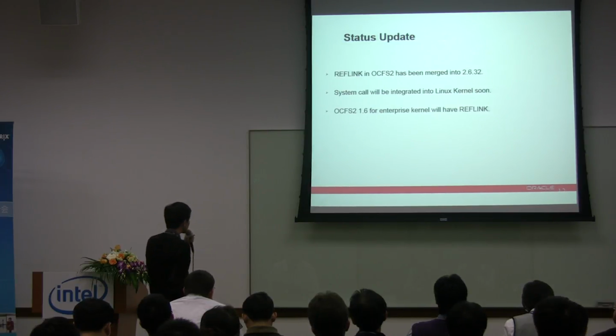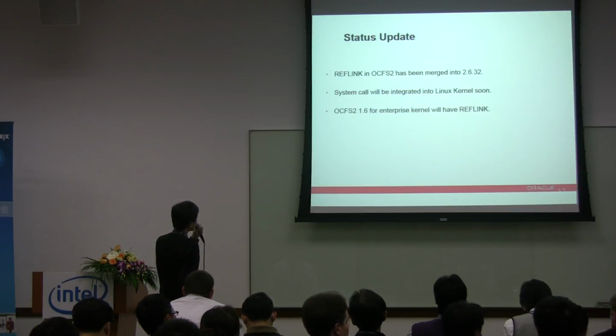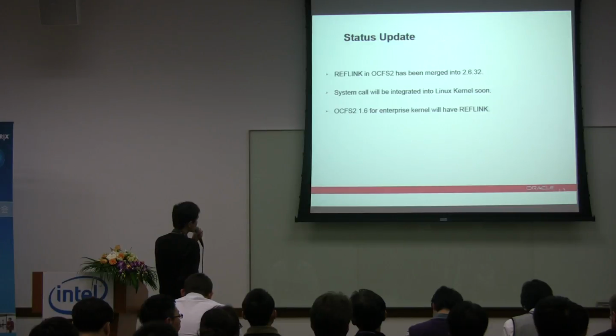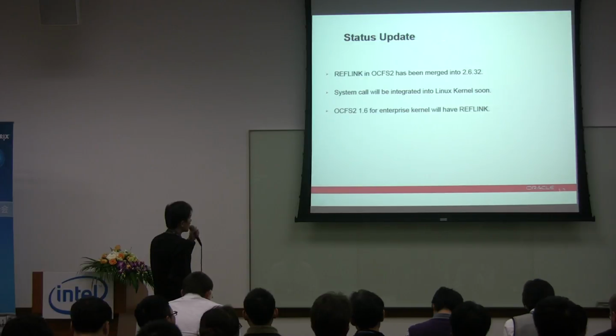But no matter what the name is, we need to change something, and it may be integrated into the Linux kernel soon. Maybe next cycle, 2.6.33 or 34, I'm not sure. It's now handled by Joel Becker, my colleague.